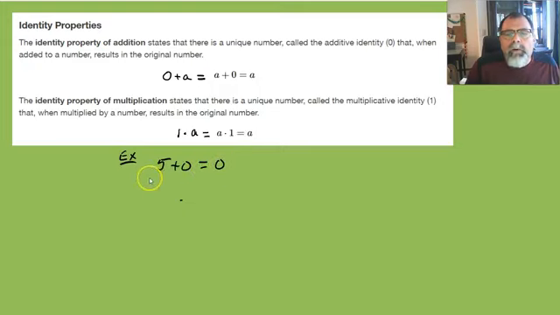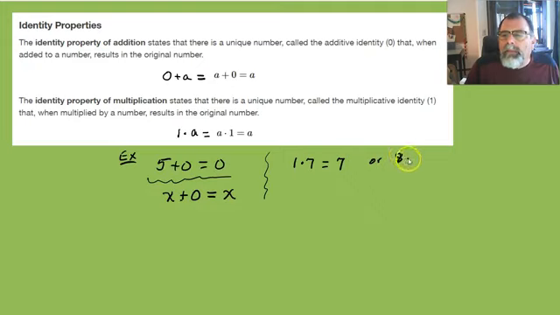This is an important concept as we get into algebra. We can say x is our variable, and if we had x plus 0, we know that that's just x. We're going to use that all the time. And same thing with multiplying. If I did 1 times 7, that's 7. If I did 8 times 1, that's 8.